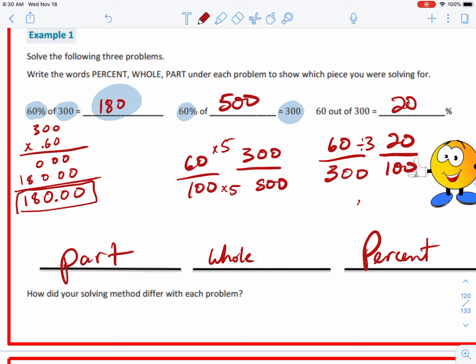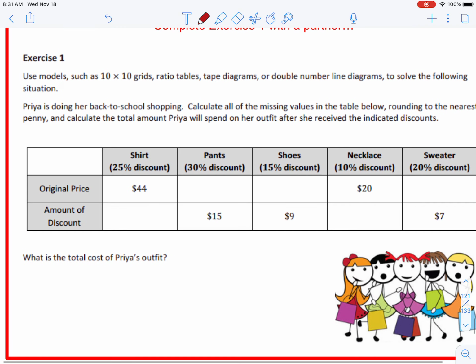I also could have done 60 divided by 300. And 300 goes into 600 twice. And that's all I have left other than a 0. So it equals 20 hundredths, which is the same thing we got above. Okay. Let's go ahead and move on.